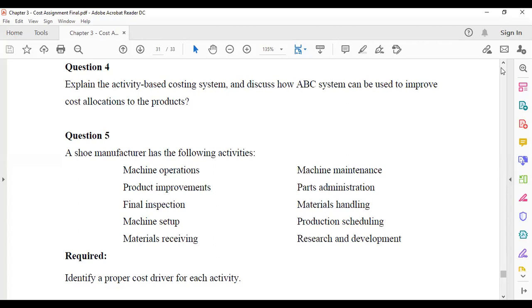Why were management accounting specialists looking for an alternative to the traditional costing system? That was very clearly explained in your text. The traditional costing system was introduced several decades ago.